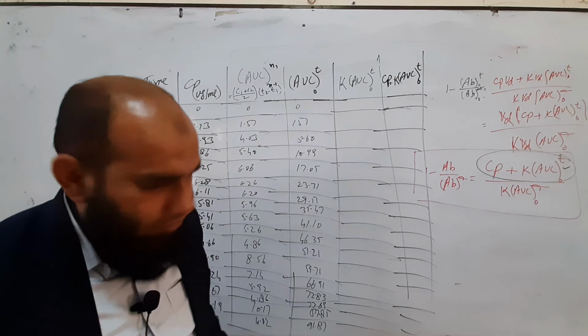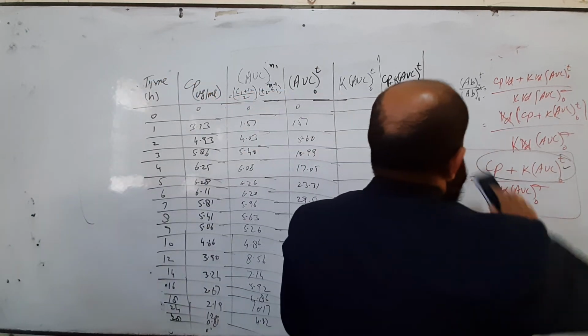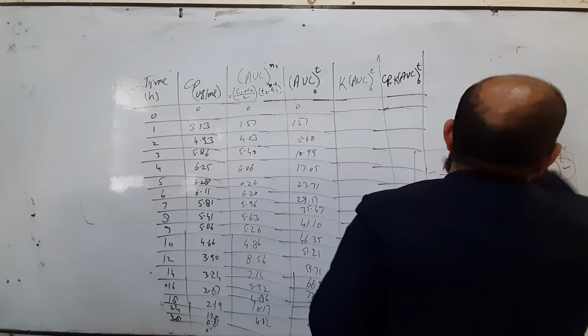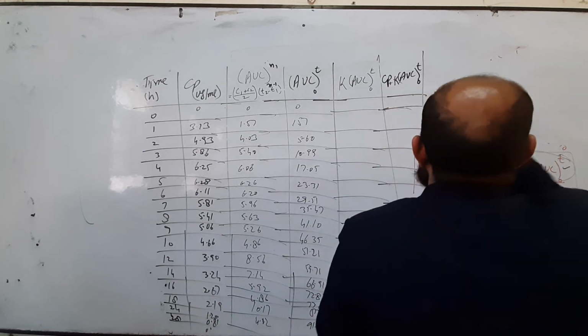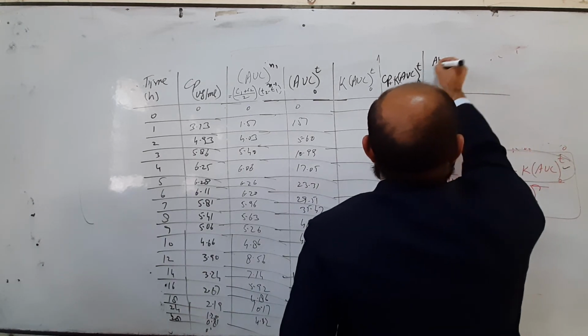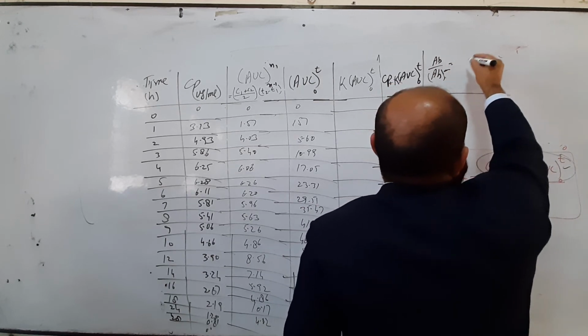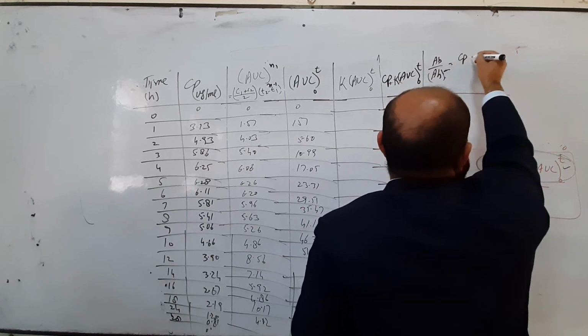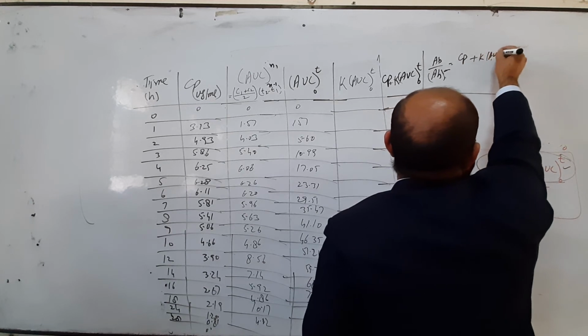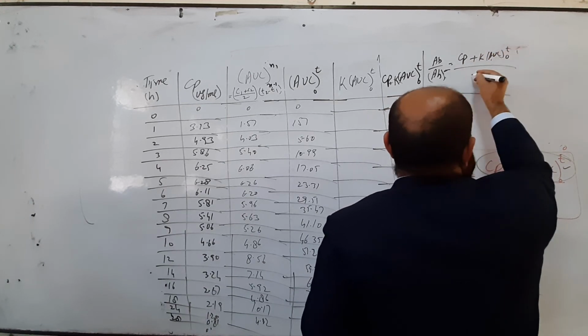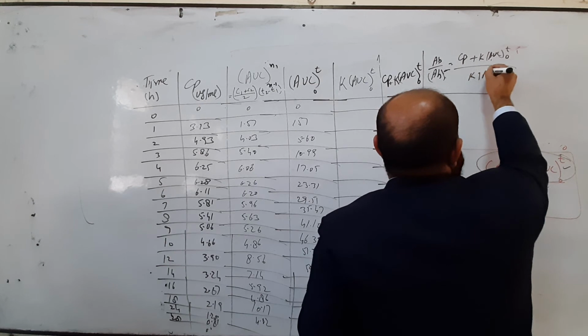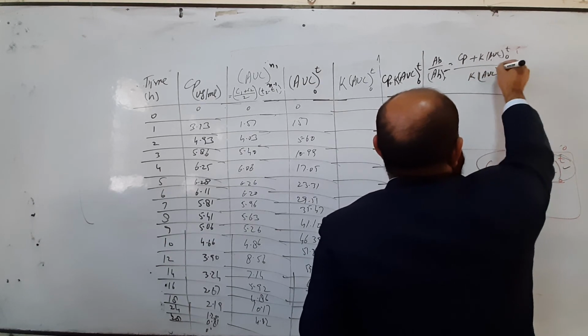Now, next we will write the value of AB over AB infinity, which is actually Cp plus K into AUC 0 to T over K into AUC 0 to infinity.